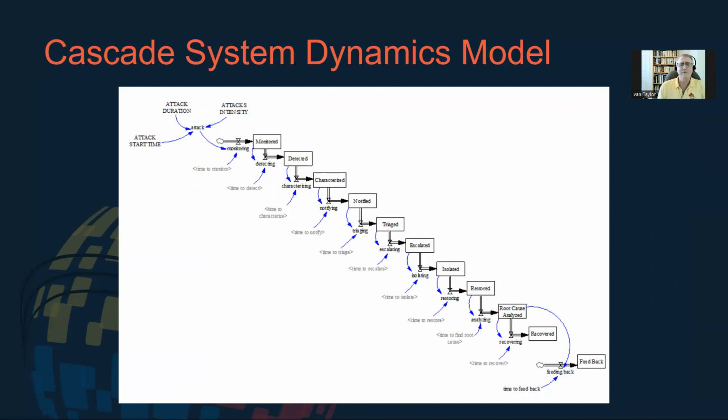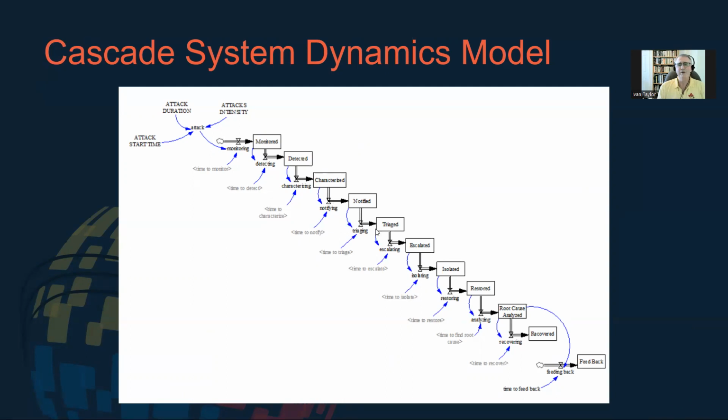Notice up in the upper left-hand corner, we have an attack that occurs at a certain start time, has a certain intensity and a certain duration, and monitoring of the system determines when the attack is detected.